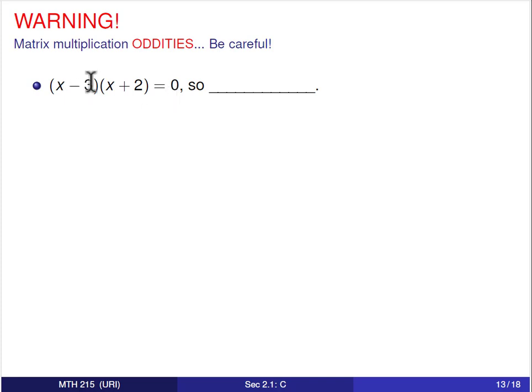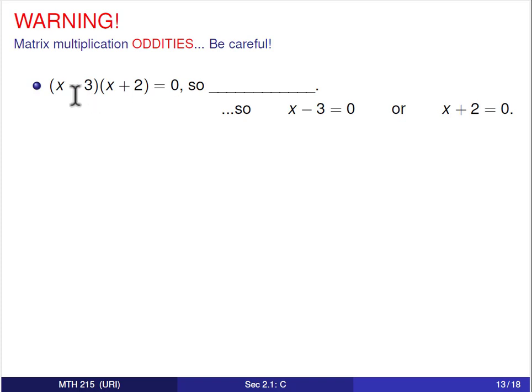Because if one thing times another is equal to 0, then one of the individual things has to be 0. If x minus 3 times x plus 2 is equal to 0, then either x minus 3 is equal to 0 or x plus 2 is equal to 0. And back in the day, you could then solve x equals 3, x equals minus 2 as the solutions for the quadratic equation.